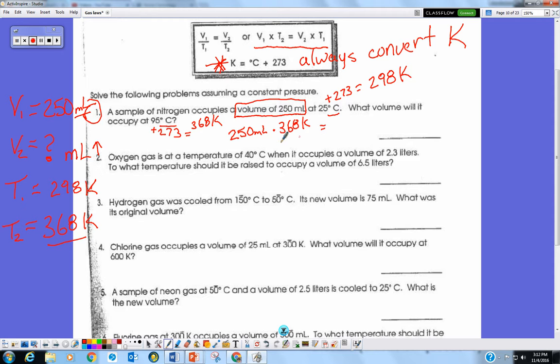In my relationship, that is equal to my new volume, V2, which is my unknown, times 298 Kelvin.